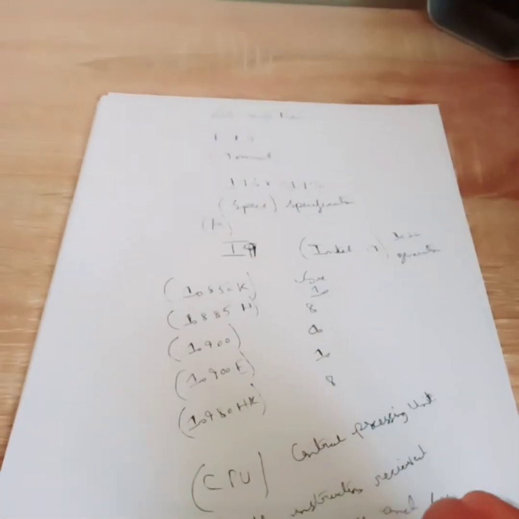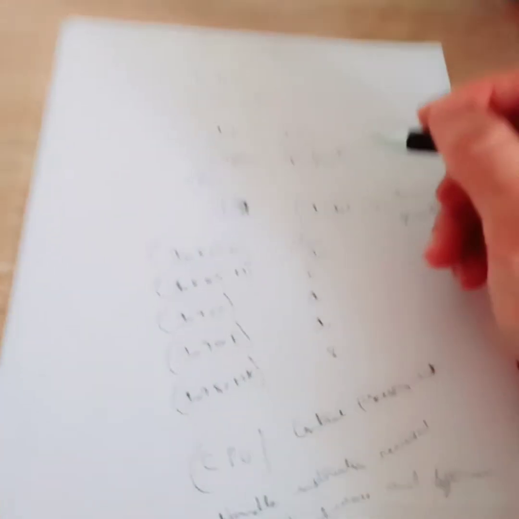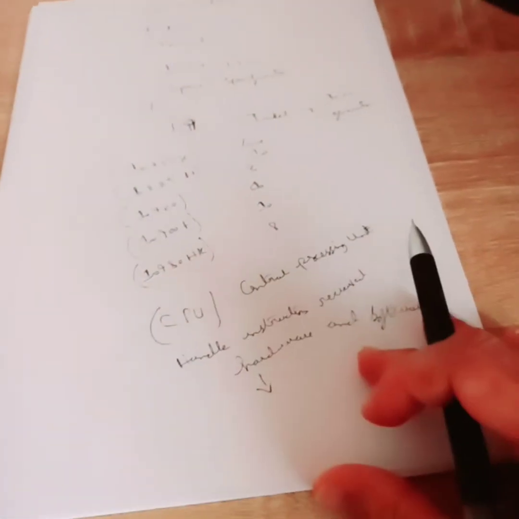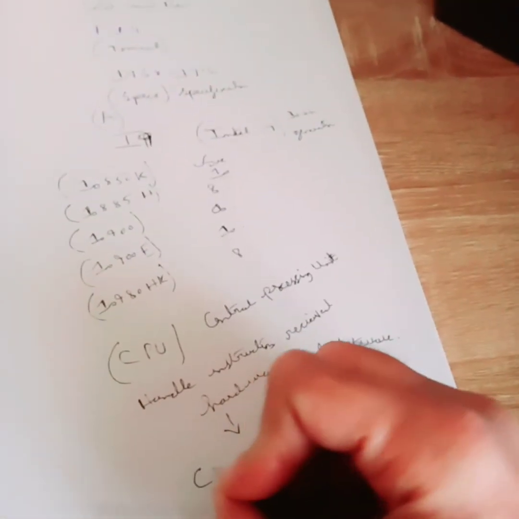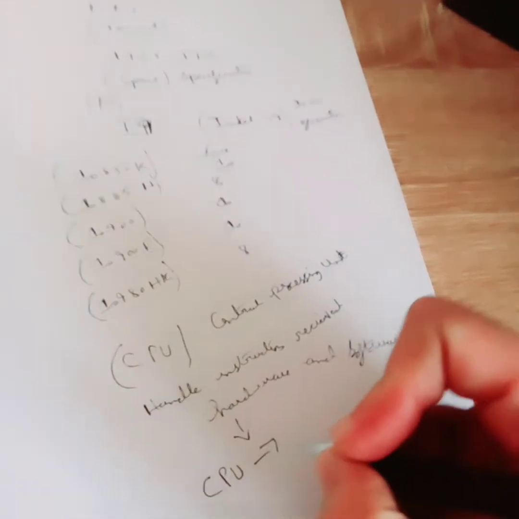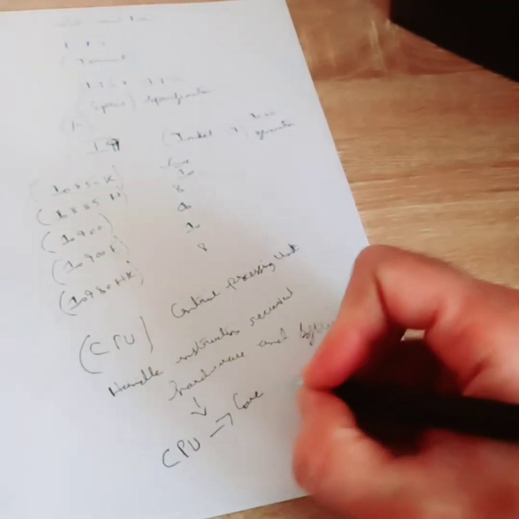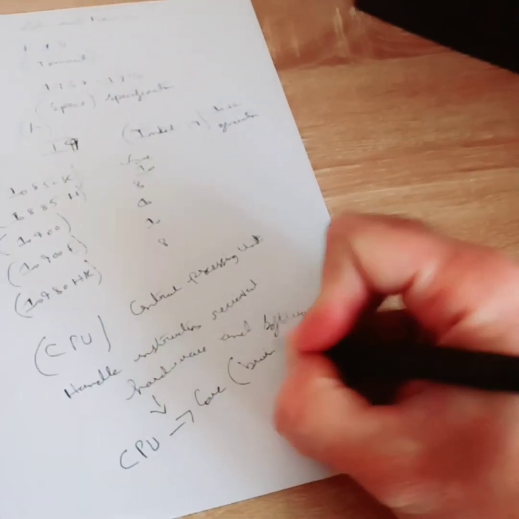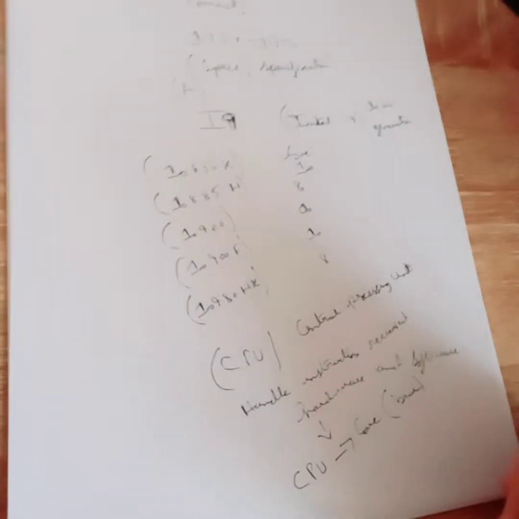Right, so now, where is this core? C-O-R-E, core exists inside the CPU. And core acts as the brain. What does core act as?